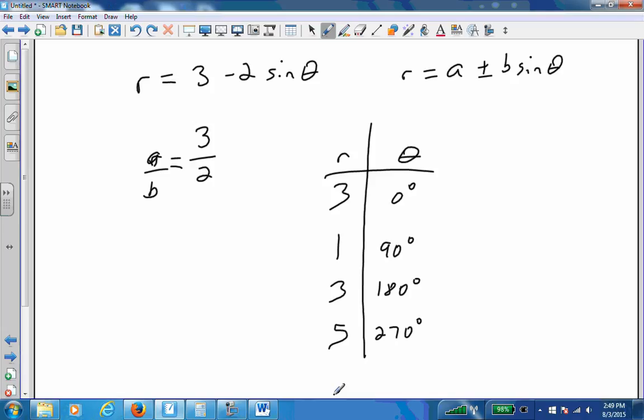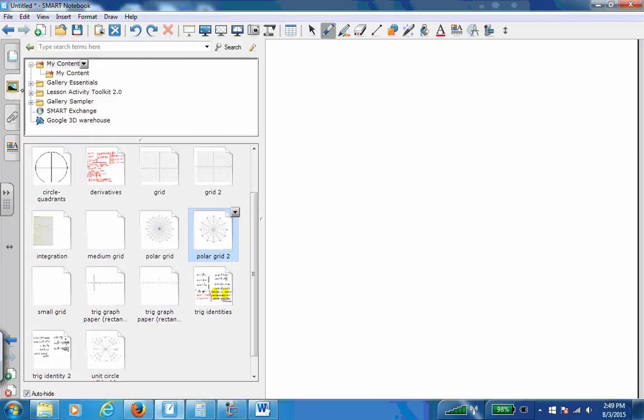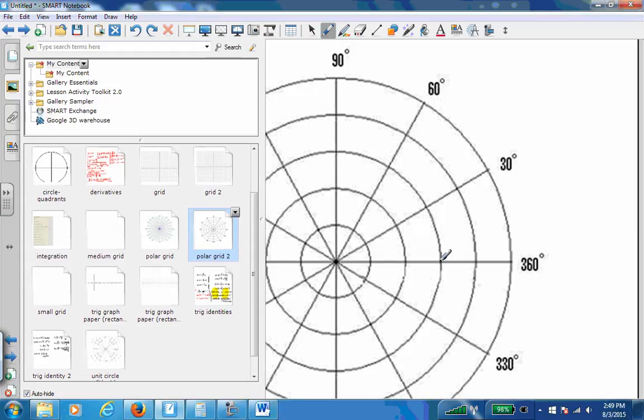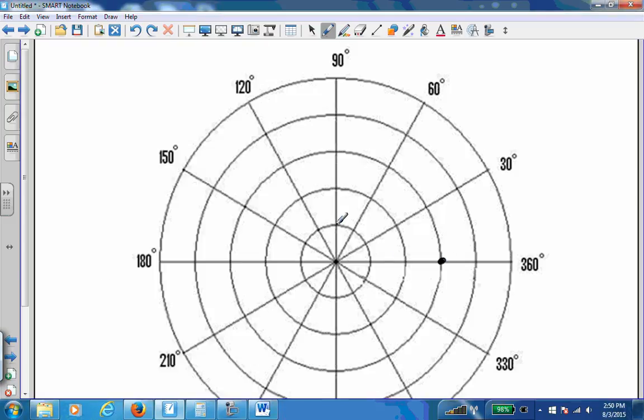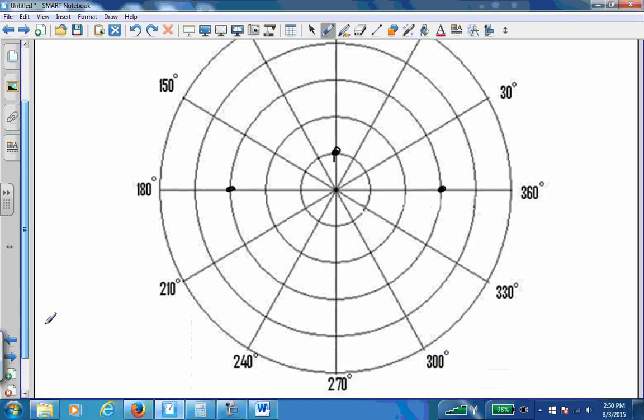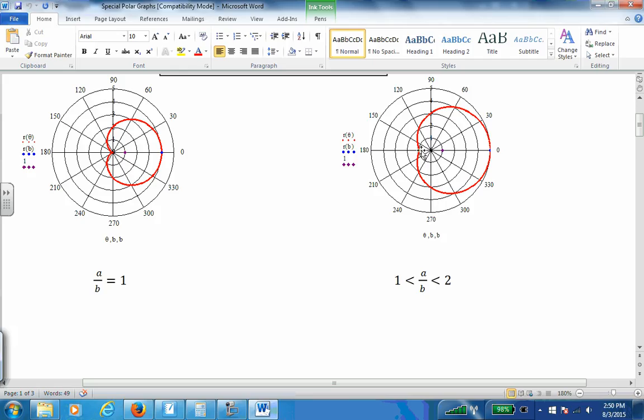So if we pull out our polar grid, then we have 3, 1, 3, 1, 2, 3, 4, 5. So if we compare it to this shape, the closest one, that's where our indentation is. The farthest one is opposite of our indentation.